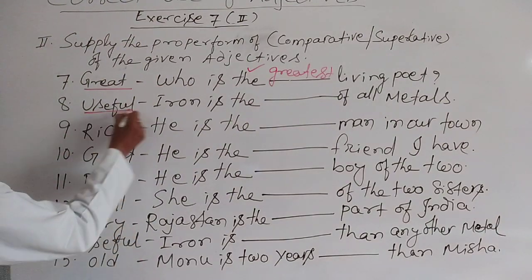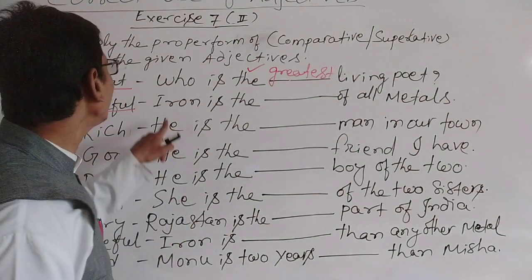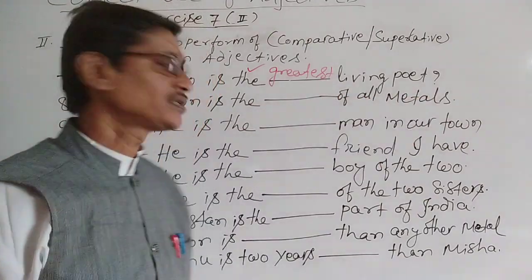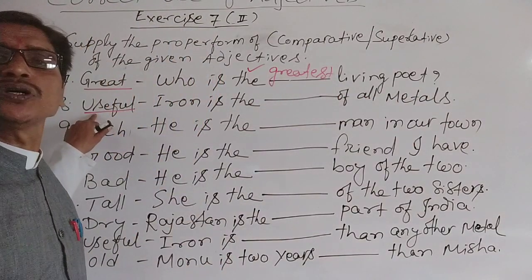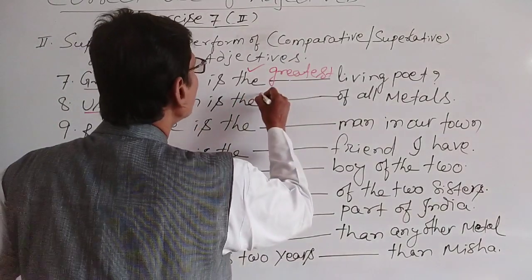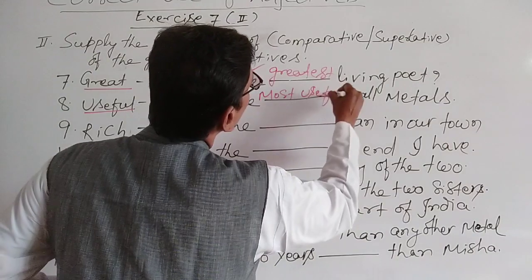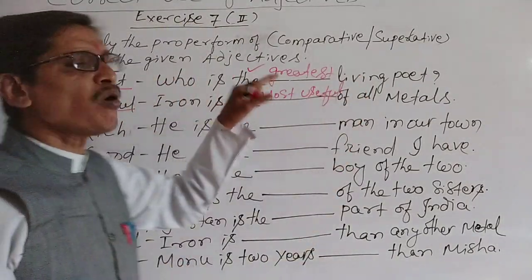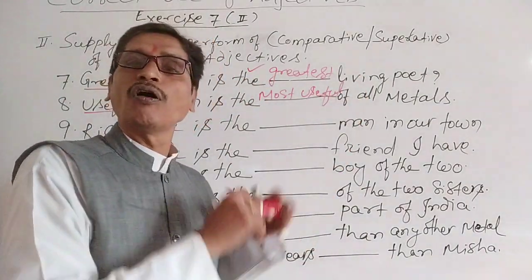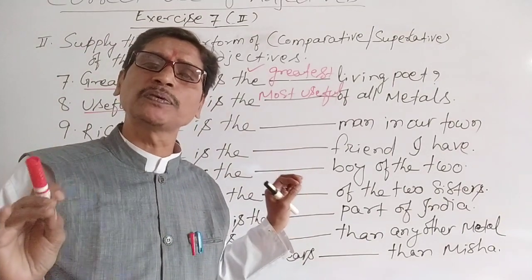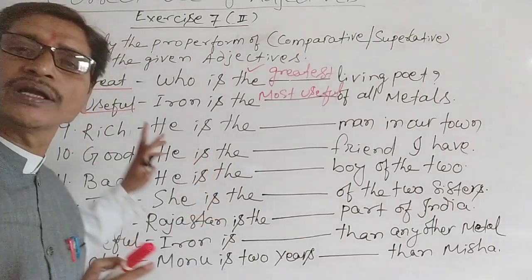Similarly, number 8 is useful. Iron is the dash of all metals. Useful, so we can use the most useful. Iron is the most useful of all metals. You understood this?